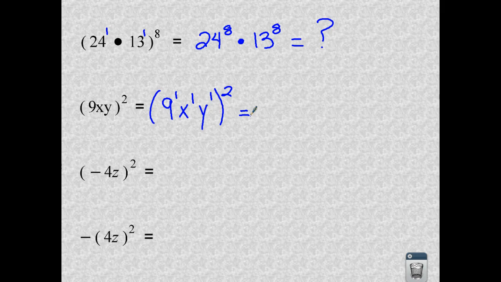So here's our power to a power. Well, 9 to the 1st to the 2nd is 9 to the second, which is 81. 9 times 9 is 81. X to the first to the second is x to the 1 times 2. So x squared, and then we have y to the 1 times 2 is y squared.